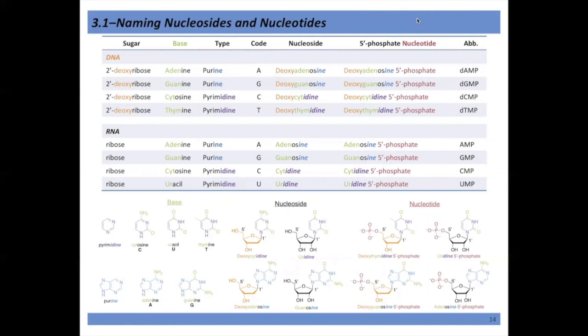Then we name the base, and how we name the base is we combine part of the base name with the type of base that it is. So adenine is a purine, and so we name it as aden. Add OS. I haven't been able to figure out where that comes from, other than maybe it comes from the sugar. In reality, I don't know, but the ene comes from the name purine.